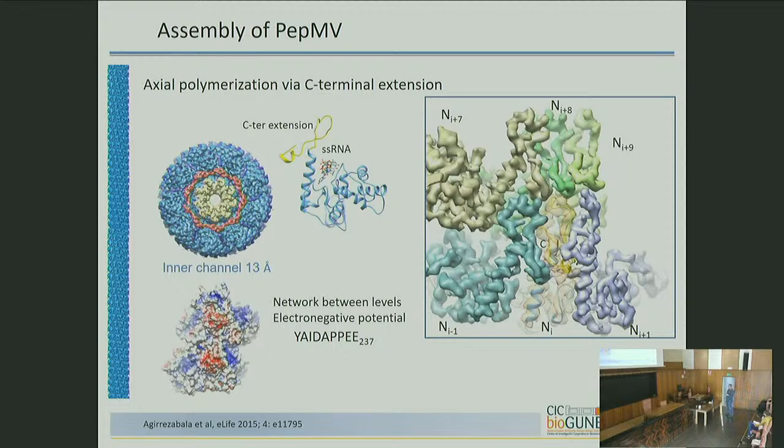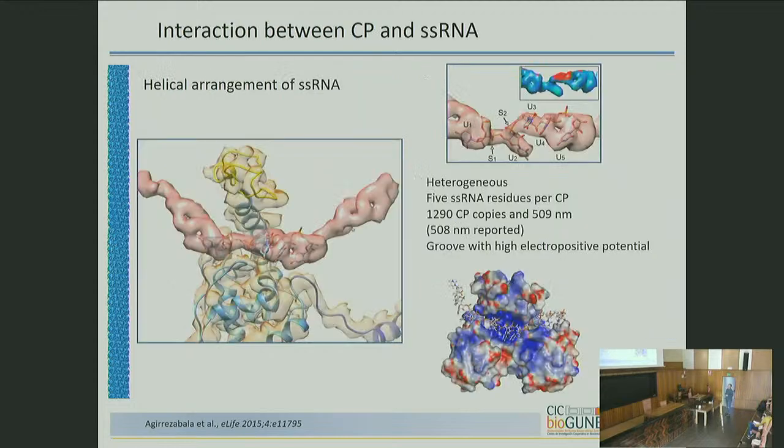I'm not going to go into more details, but the RNA, and here we start with problems, because as we calculate a three-dimensional average, the composition of the nucleoprotein is always the same, because it is the same protein. However, the RNA is not. In each segment you have a different sequence.